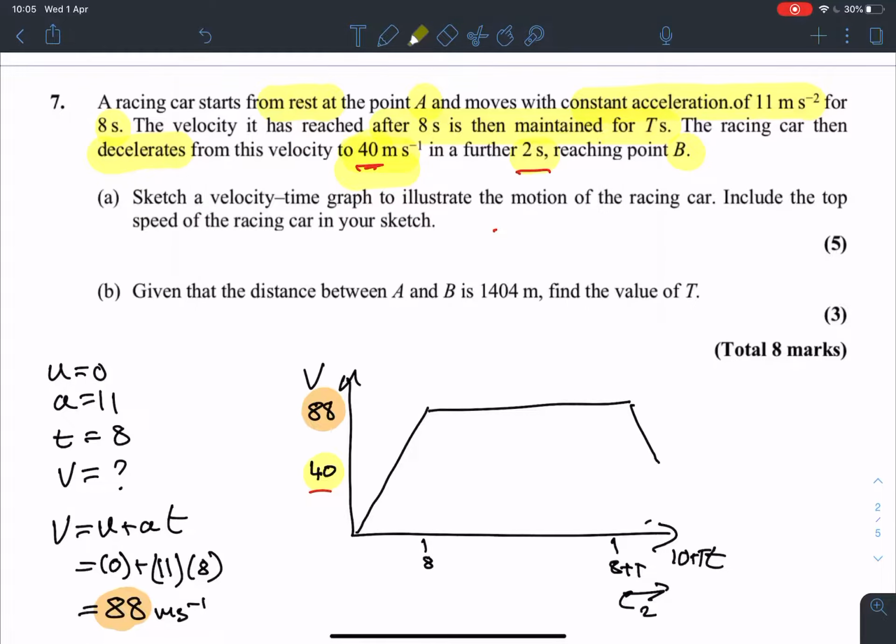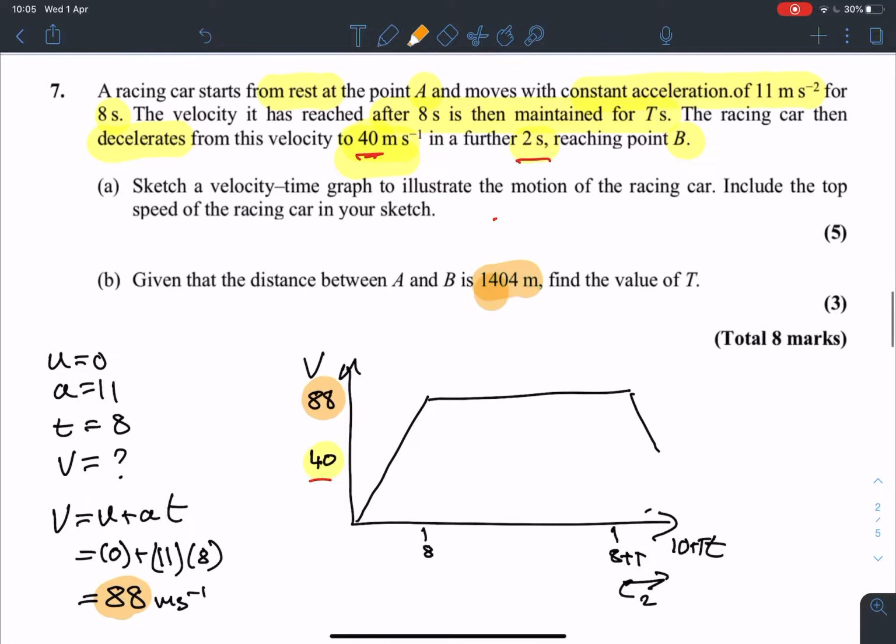Okay, given the distance from A to B is 1404 meters, and we know that the distance is the area under the graph. So we can split that into probably 2 trapeziums.